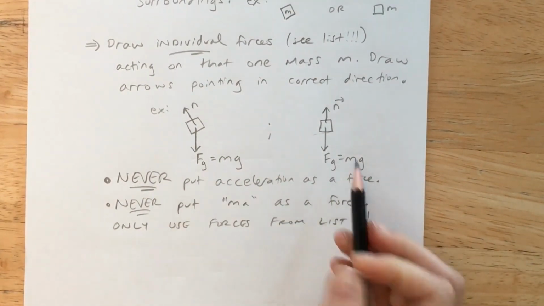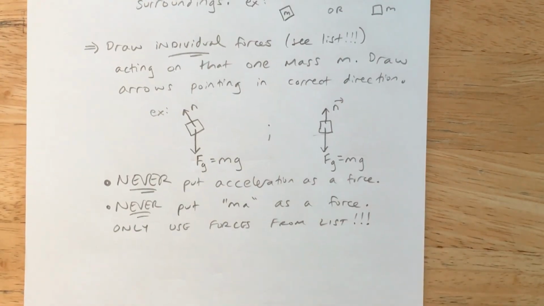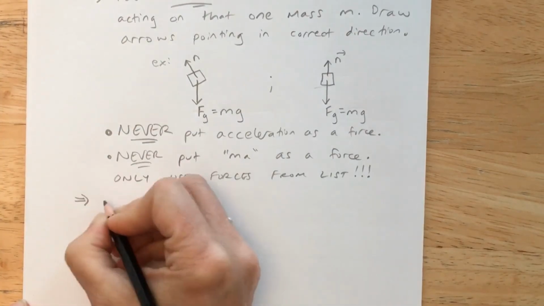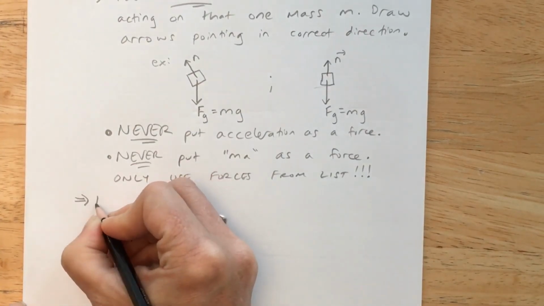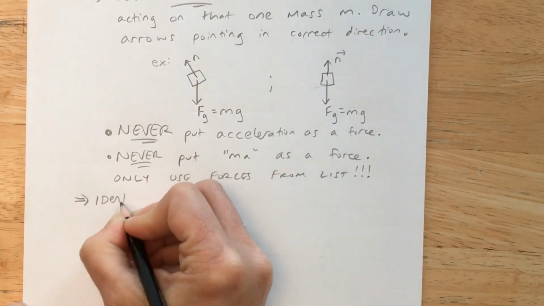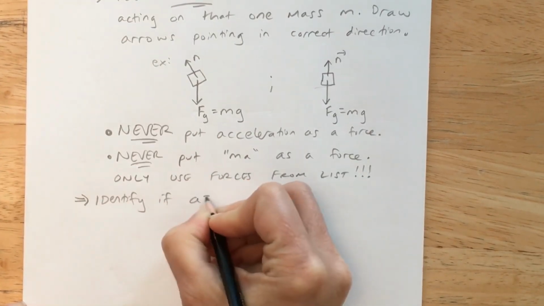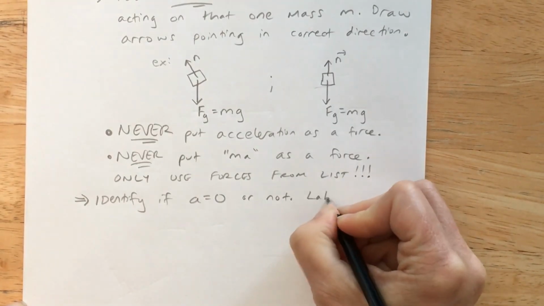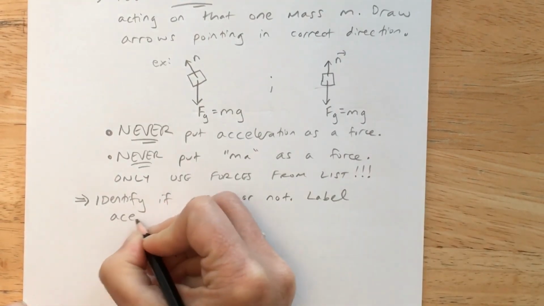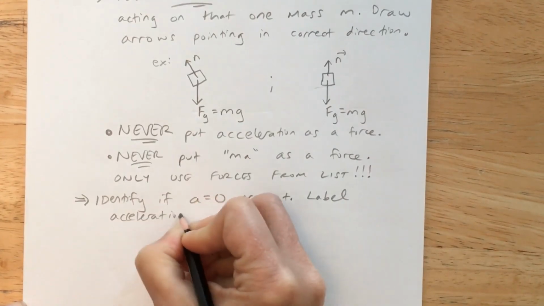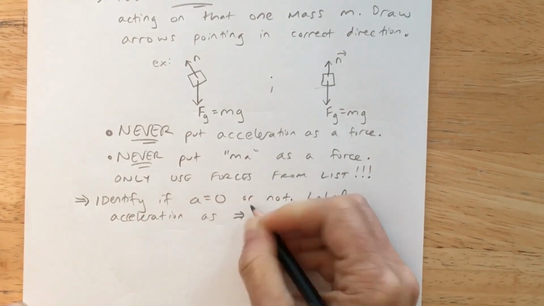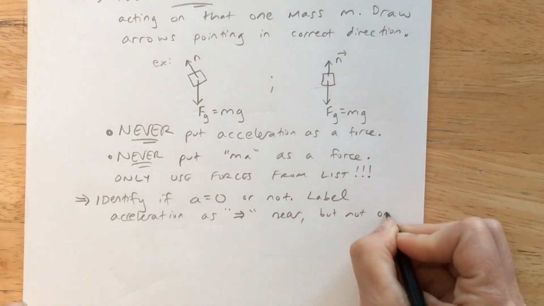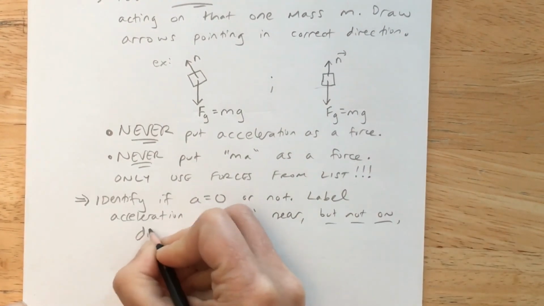So that's our basic free body diagram, but to make it useful for problem solving, there's two more steps. The next step is going to be to identify if the acceleration equals 0 or not, and then label the acceleration as a double arrow near but not on the diagram.